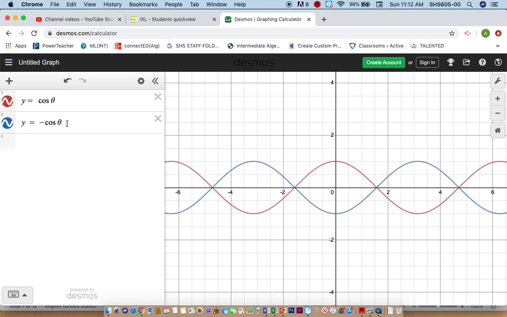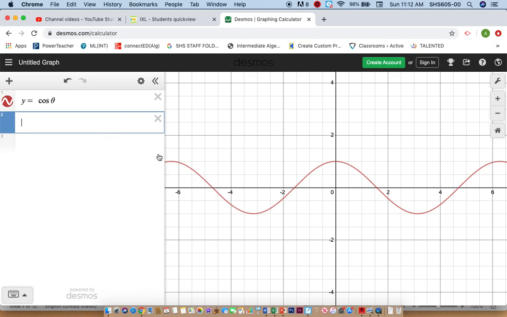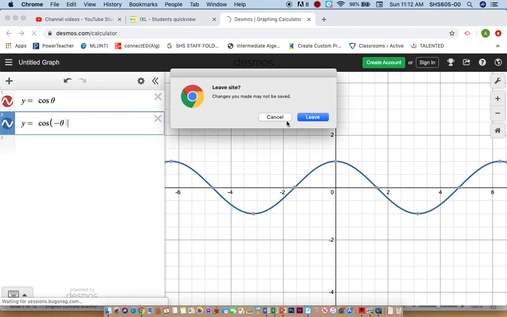What changes is if the negative's on the inside. Well, if you want to think about it, cosine is the same to the left as it is to the right of the y-axis. So if you plug in a negative on the inside, nothing changes.